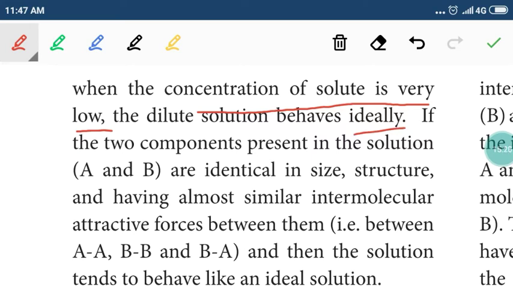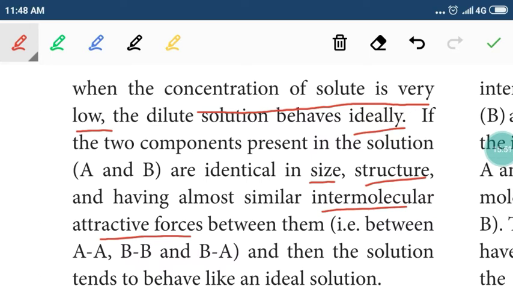Second condition is that the components, solute and solvent, should have identical size, structure, and intermolecular force of attraction. If all three are similar, then the solution will be an ideal solution.